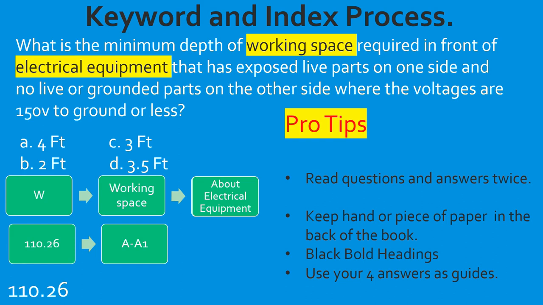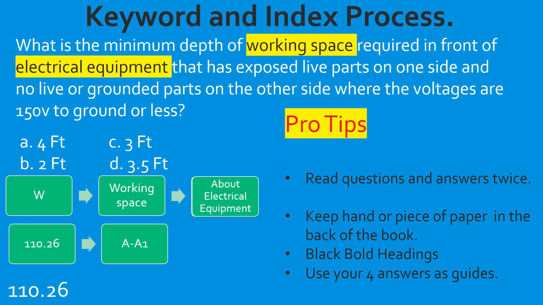And the next black bold heading says depth of working space. So now I even have another one of my keywords that's in the question because it has the word depth. So we've gone from W to working space to about electrical equipment to depth of working space. I feel like we're in the right section. I look down through there, but I don't see anything right away about 3 feet, 4 feet, or 2 feet.